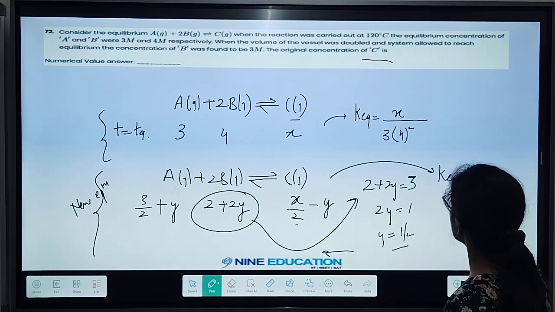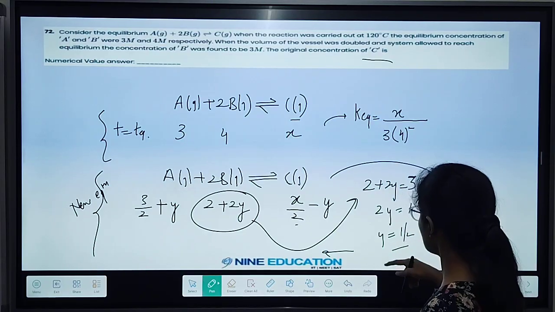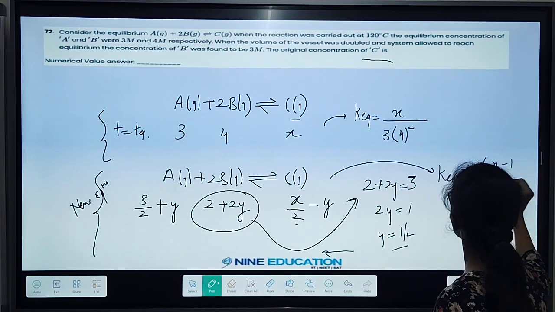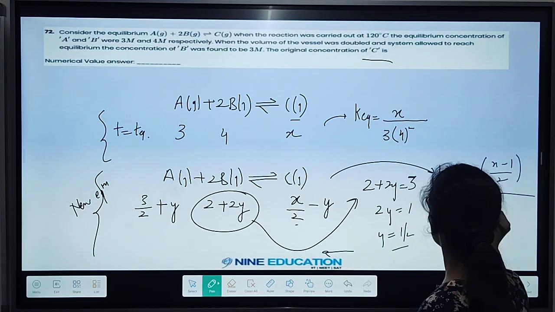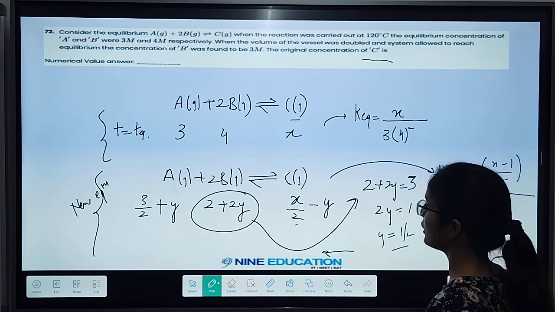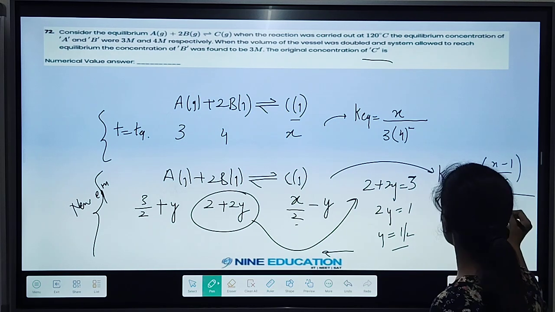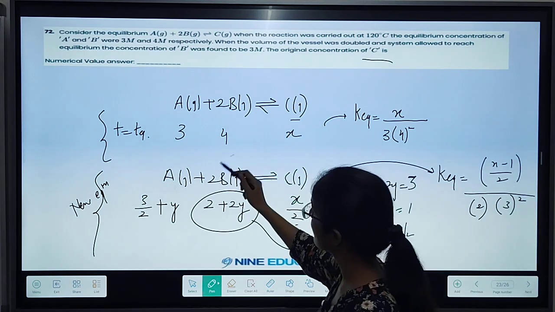K equilibrium will be X by 2 minus 1 by 2, so I can write it as X minus 1 upon 2, divided by A, which is 3 by 2 plus 1 by 2, 4 by 2, it will be 2 only, and B is already given as 3, so 3 square. Do not forget about this.